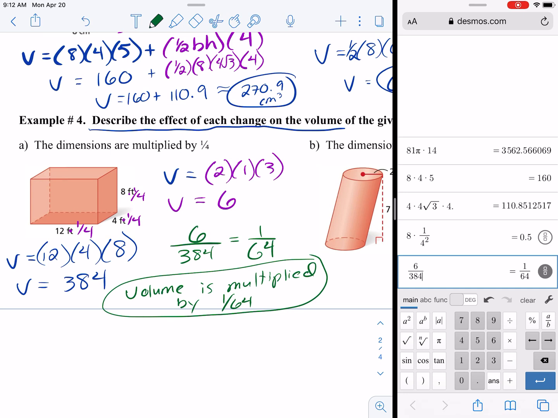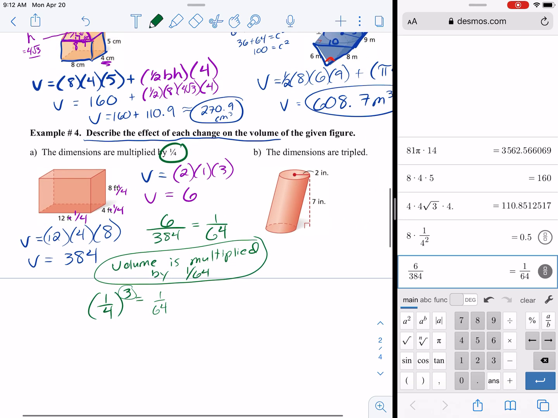And hopefully you guys notice that 1/64 is just 1/4 cubed because volume is number of cubic units. Remember when we changed both dimensions for area, it was the area squared. Well, now the volume would just change by it being cubed.